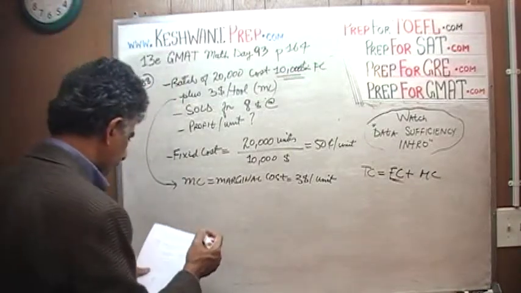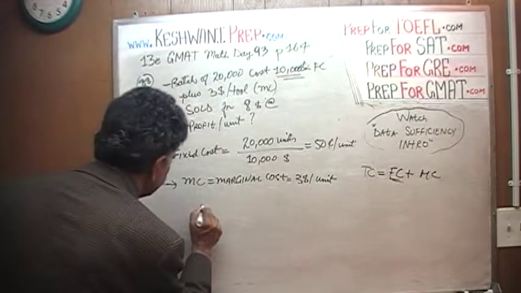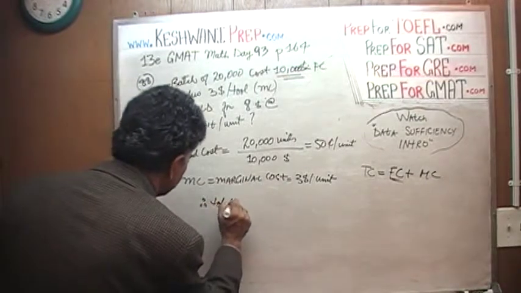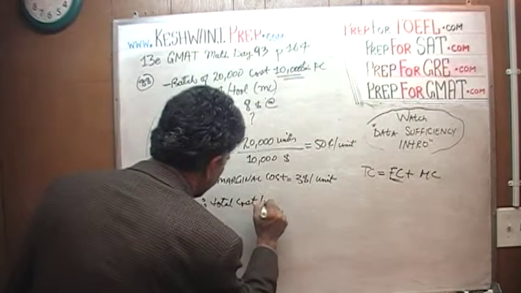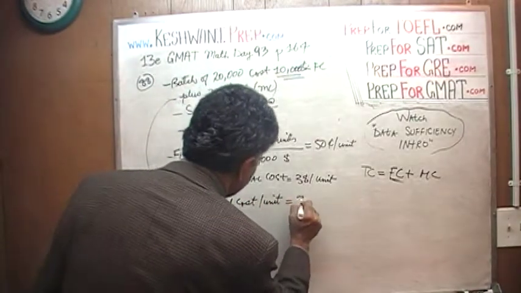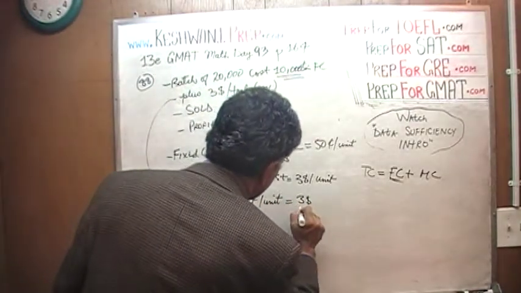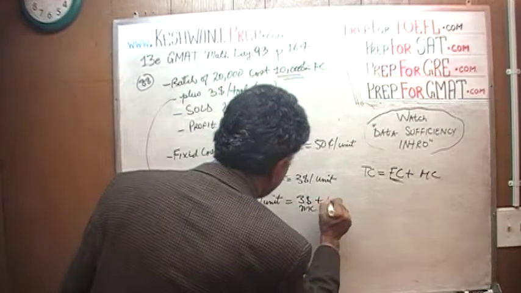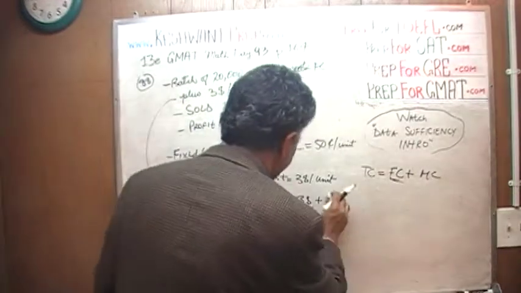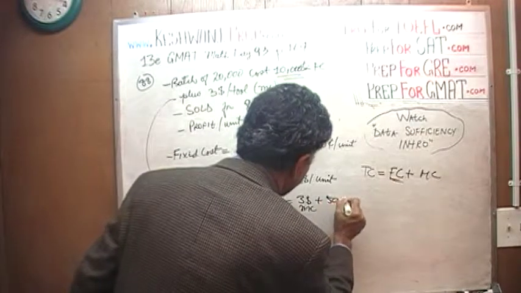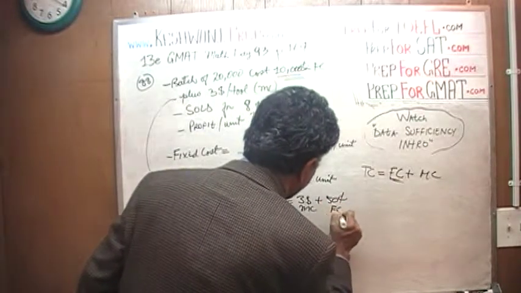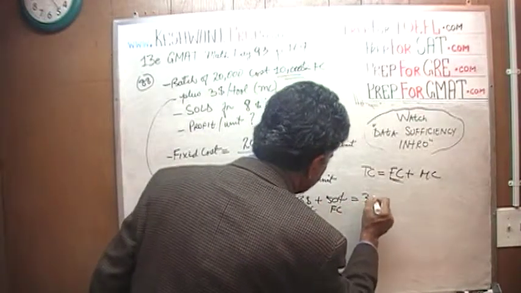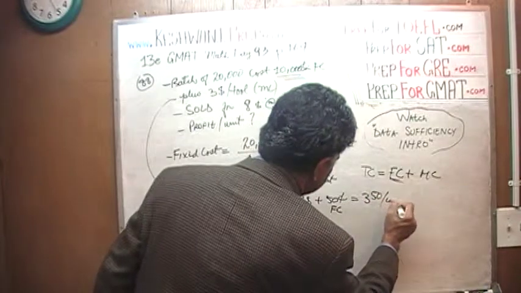Therefore, the total cost per unit is $3 of marginal cost plus 50 cents of fixed cost, or $3.50 per unit.